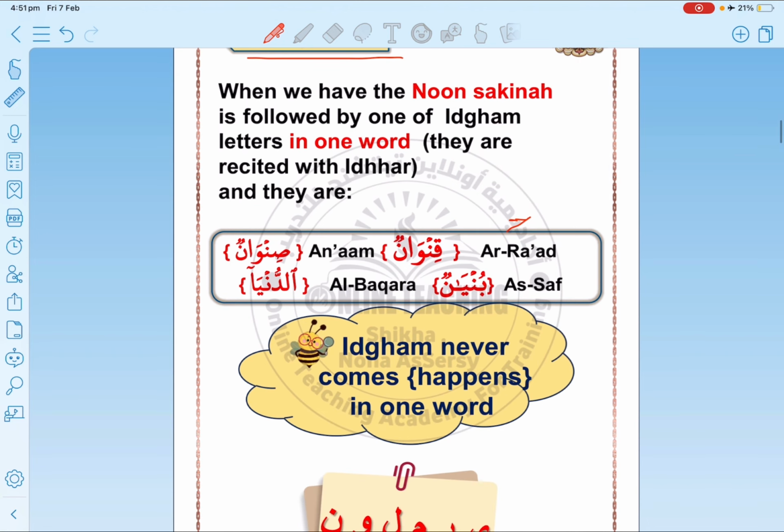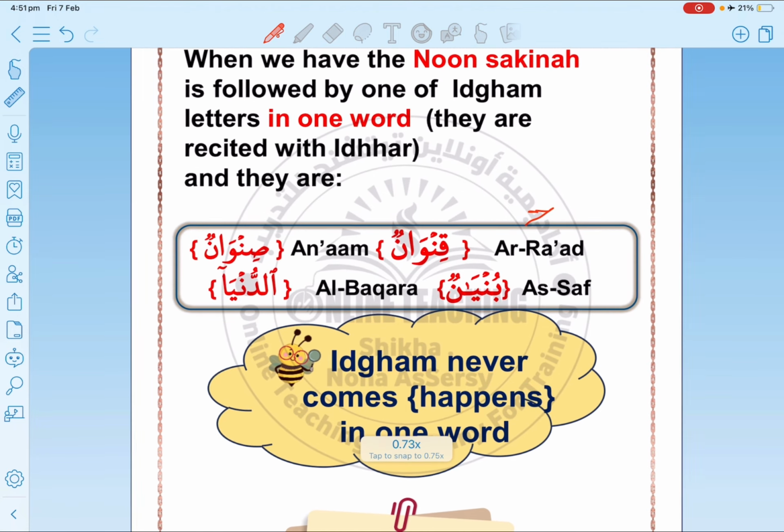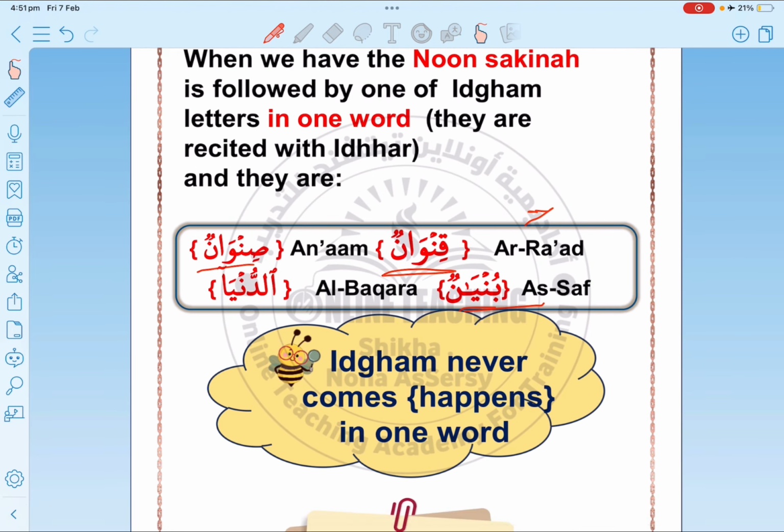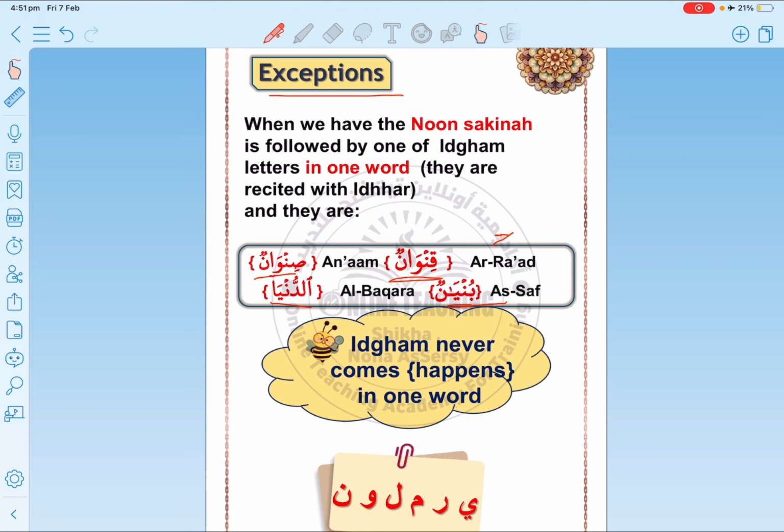But in these 4 words, it just comes in one word, as you can see here. So we don't say qiwan, buyan, siwan, aduya. No, we say qinwan, sinwan, adunya, bunyan. So these are the exceptions that you all should know.